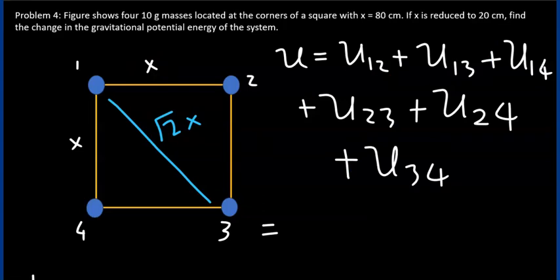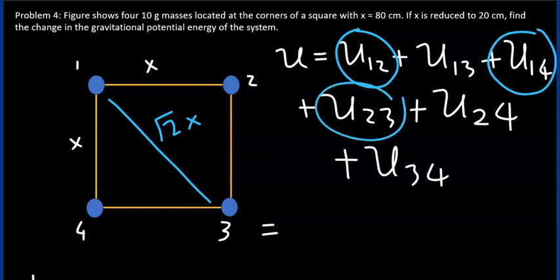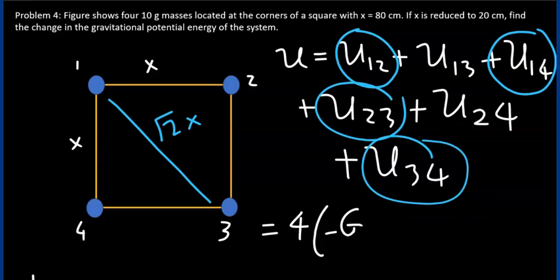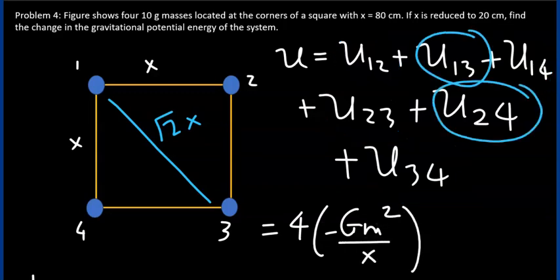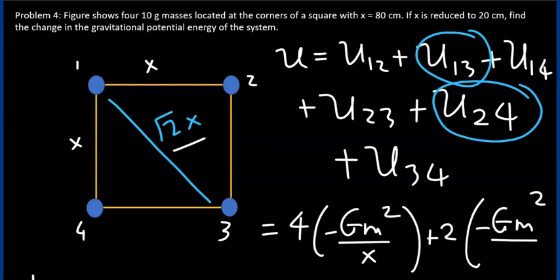There are 4 of them: 1,2, 1,4, 2,3, and 3,4, and each will be minus G, the product of masses, over x. Now the remaining ones would have the distance between the masses being square root 2 times x. So there are 2 of them, 2 times minus G, product of masses, over square root 2 x.